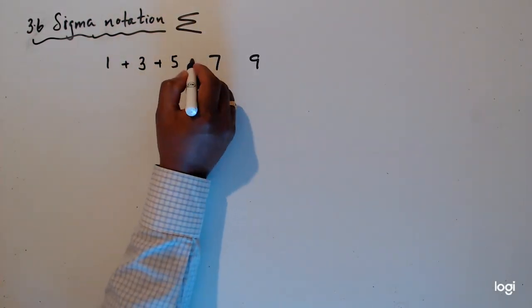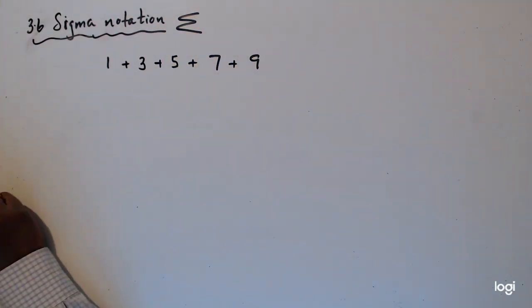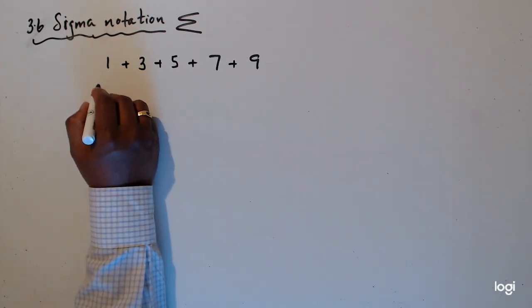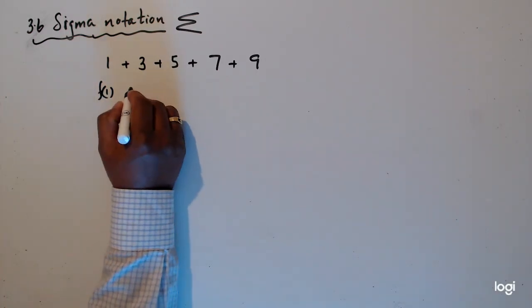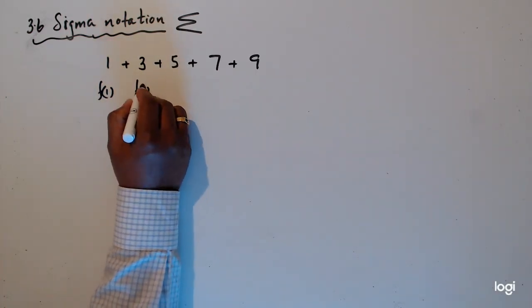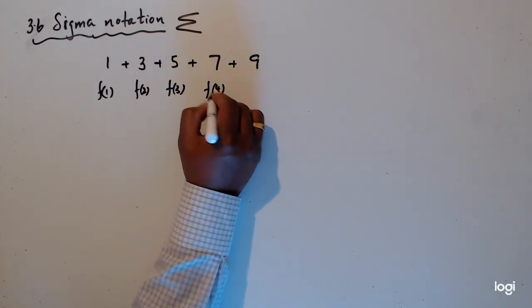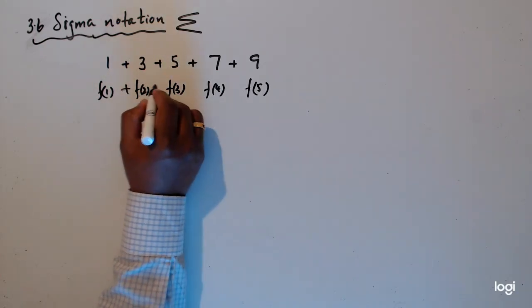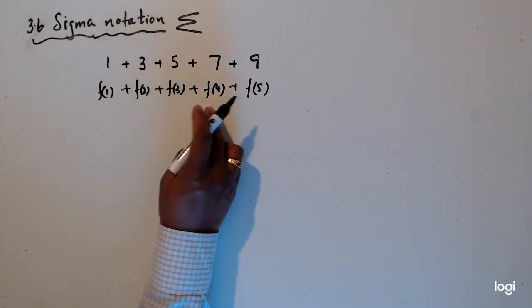I'll make it into a series now. And this is the first term. I will write this term as first term, and the second term, and third term, and fourth, and fifth. And I have to add this first term, second term, third, fourth, fifth terms.